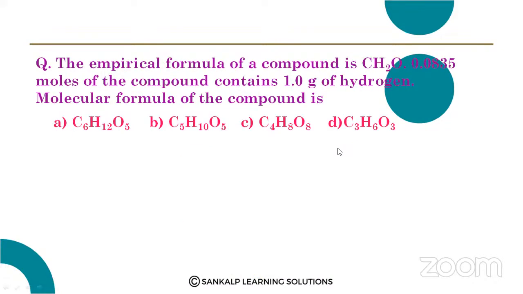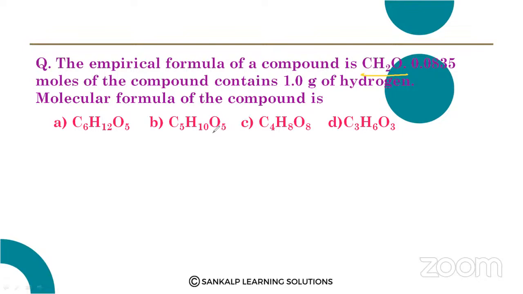So next, the empirical formula of a compound is CH2O. 0.0835 moles of the compound contains 1.0 gram of hydrogen. The molecular formula of the compound is?